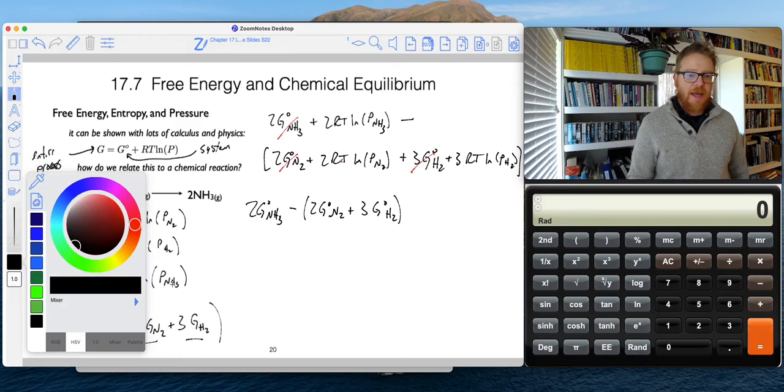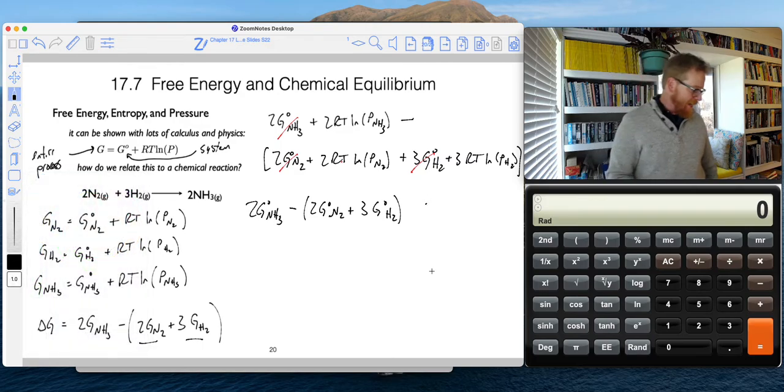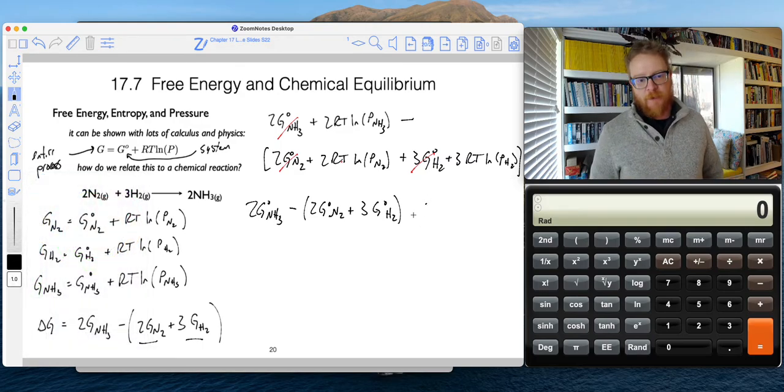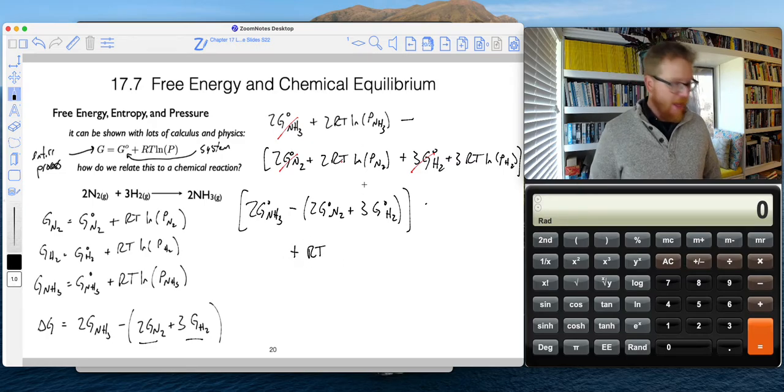Now I want to collect all of my RT values, okay? And so I'm going to do a couple tricks. So I'm going to keep this all blocked together. And then now down here, I'm going to say plus RT. And so I'm going to factor out RT out of all of these expressions. Okay. So now I factored out RT here.